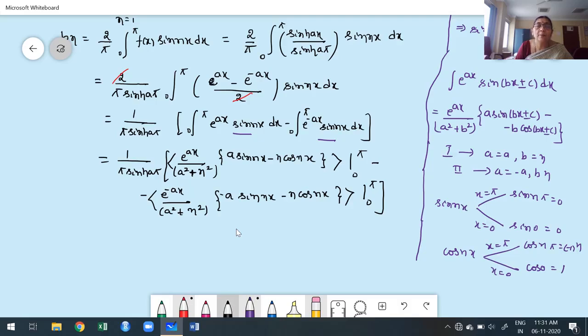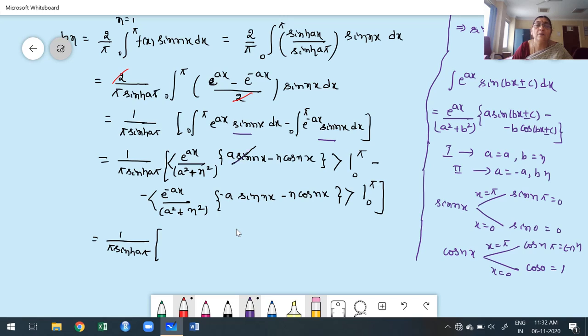In the next step, 1 by pi into sin hyperbolic a pi of. Now, observe carefully. For sin nx, for upper and lower limit it is 0. Where you have sin, better I write that it is 0, not necessary to apply the limit for this function, which function?